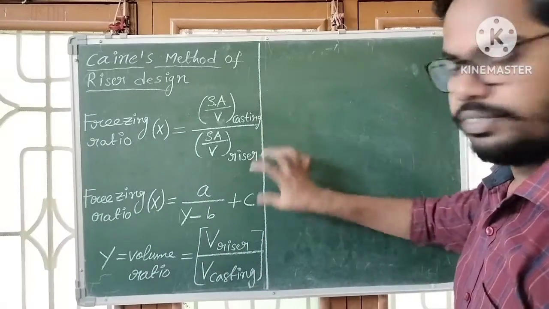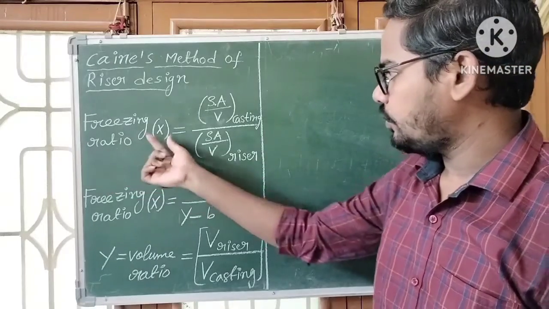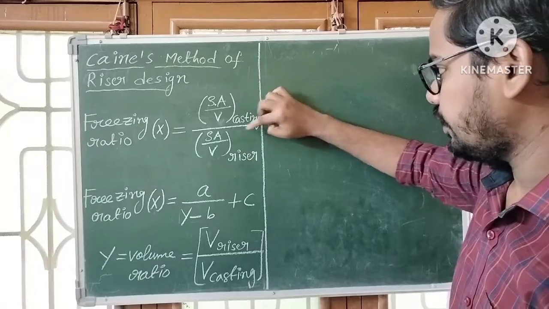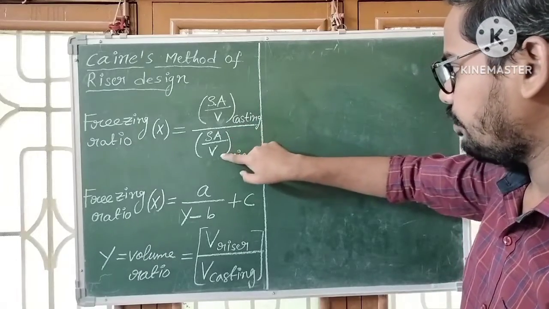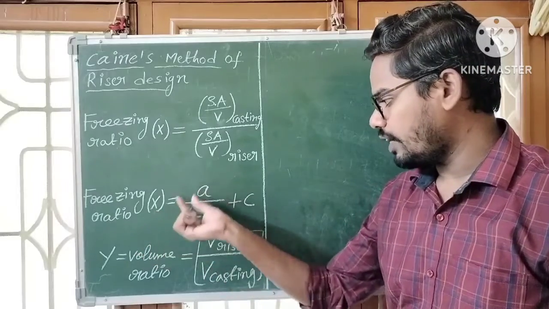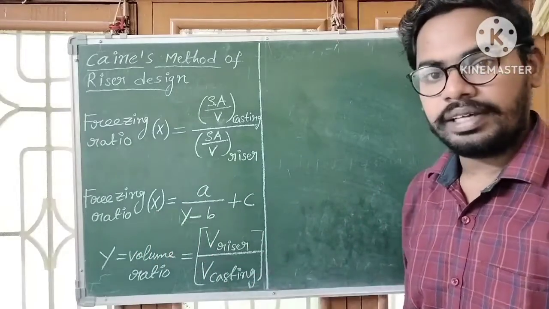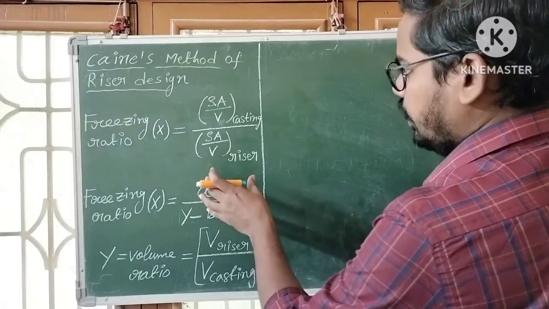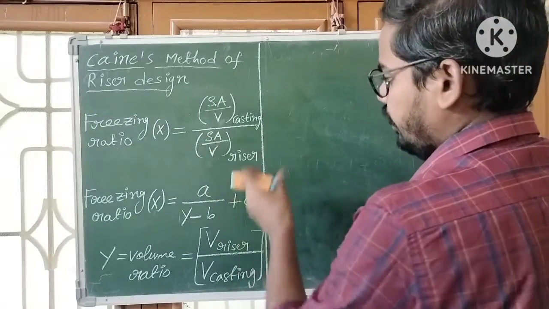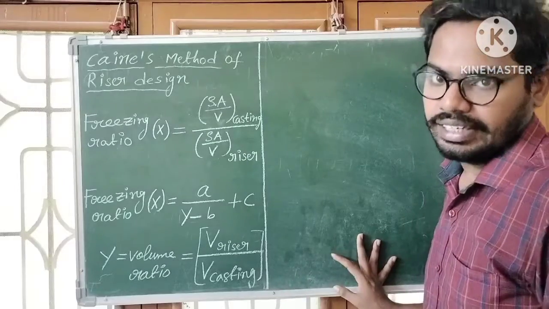So we have two formulas for freezing ratio, and using them we can design the cylindrical riser.